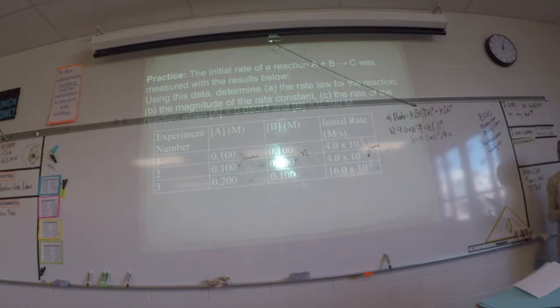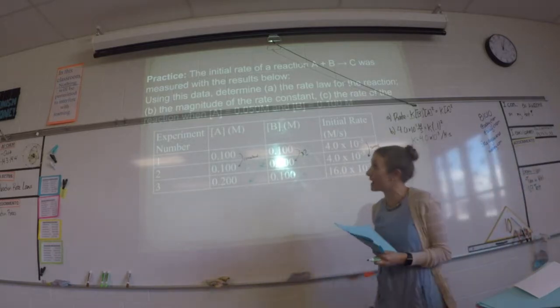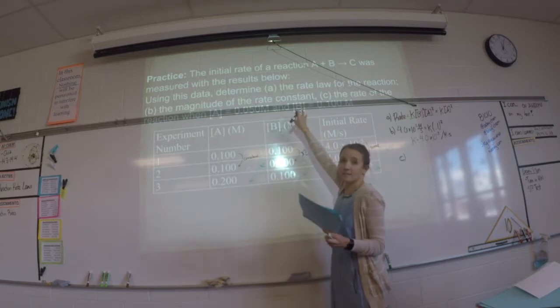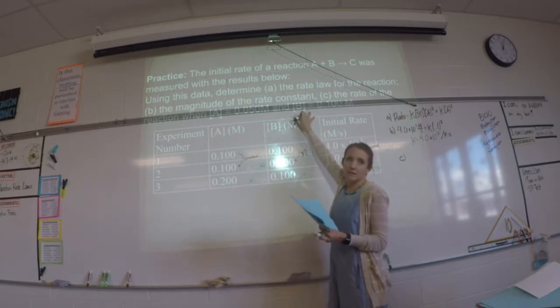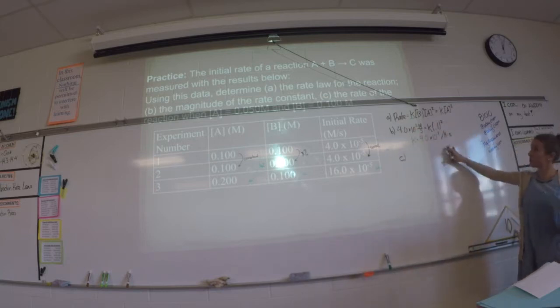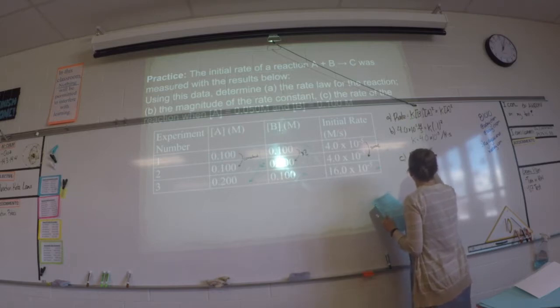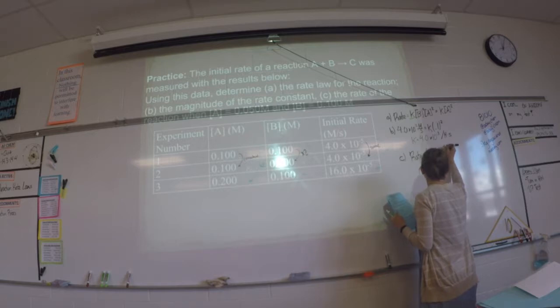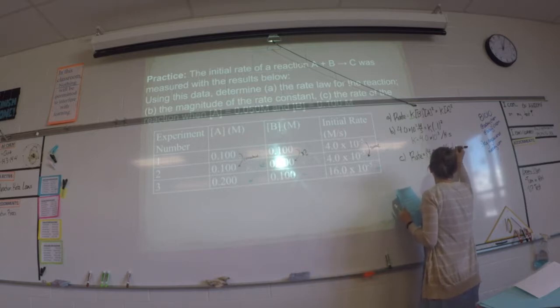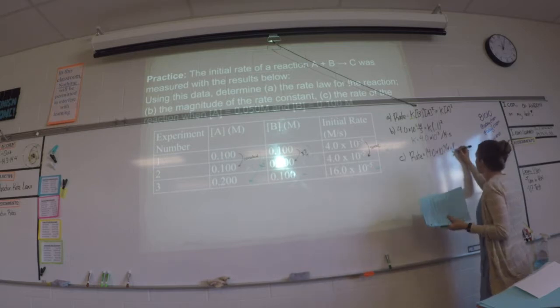And then finally, C now just wants to know what would be the rate if I now used these concentrations. So you can just plug those in to your rate law with your K. Right, so I have rate equals my K I just found times the concentration of A squared.